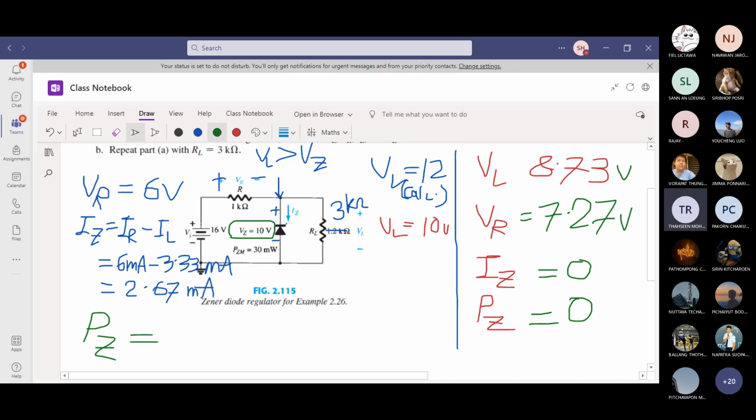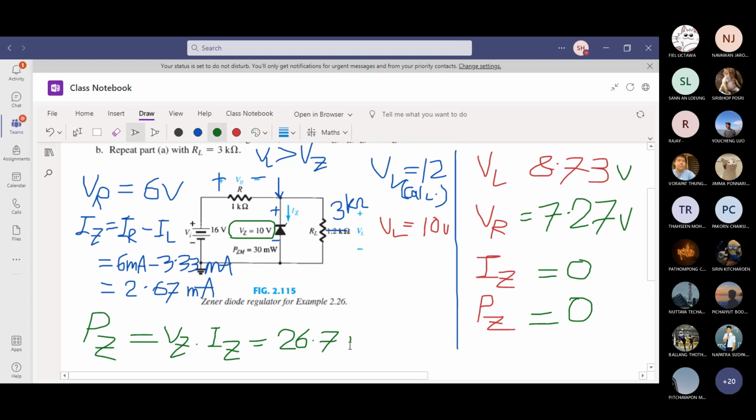PZ is the product of your rated Zener voltage multiplied by IZ. If you take 10 volt multiplied by that value, 2.67 milliamp, you're gonna get 26.7 milliwatts.